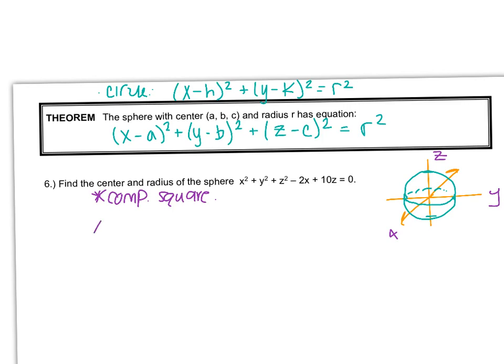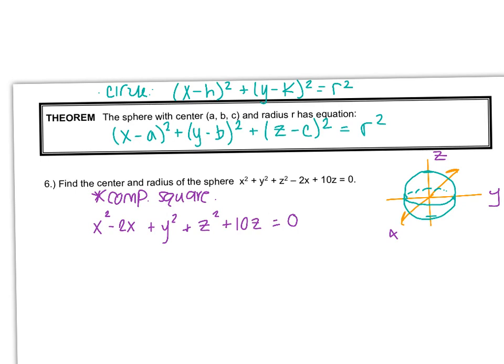So when I rearrange these, I've got x² − 2x + y². There's no other y term, so that would just be 0y, plus z² + 10z = 0.